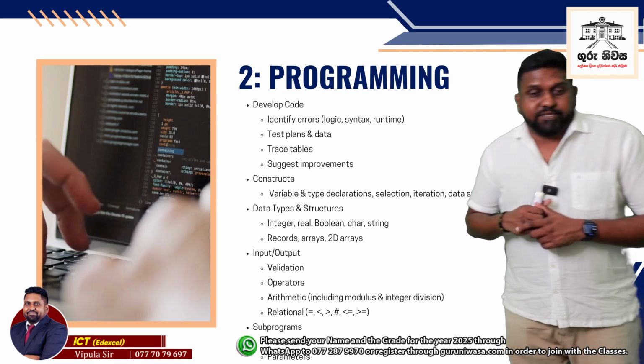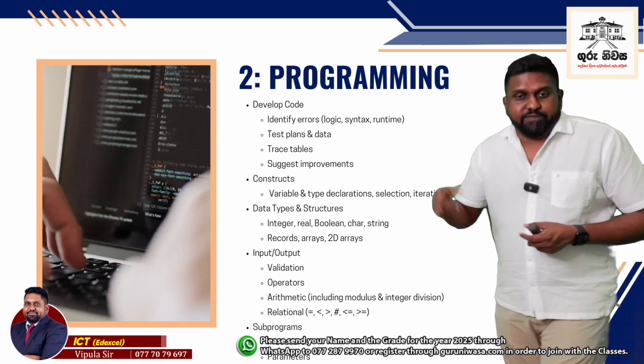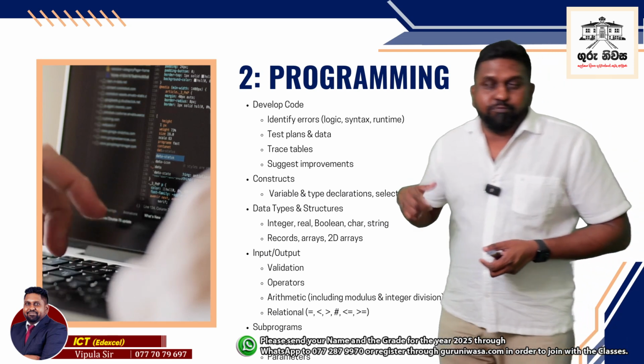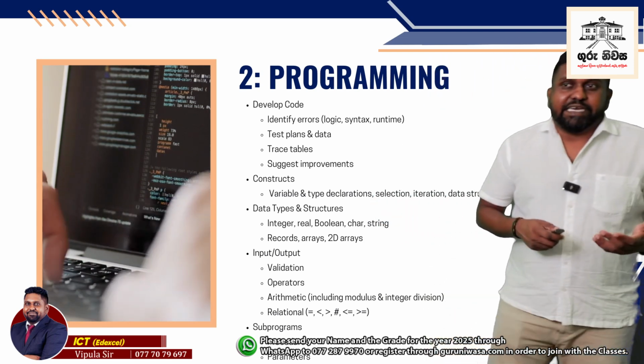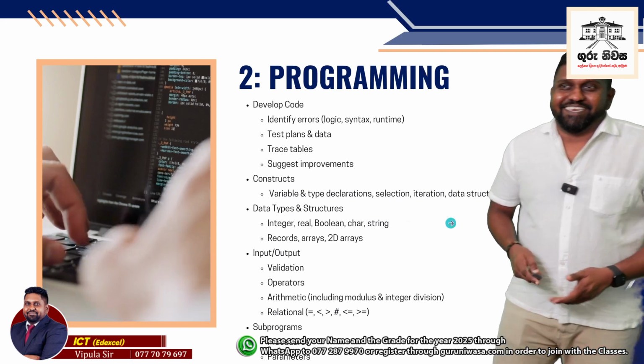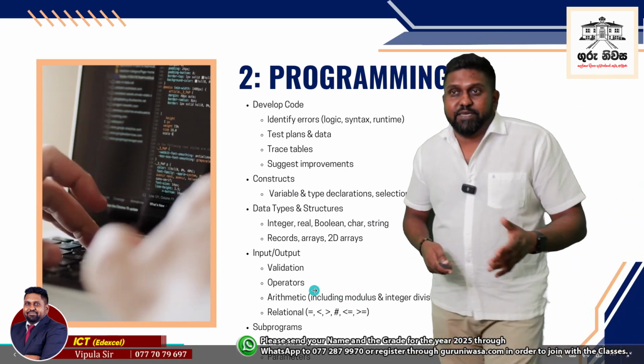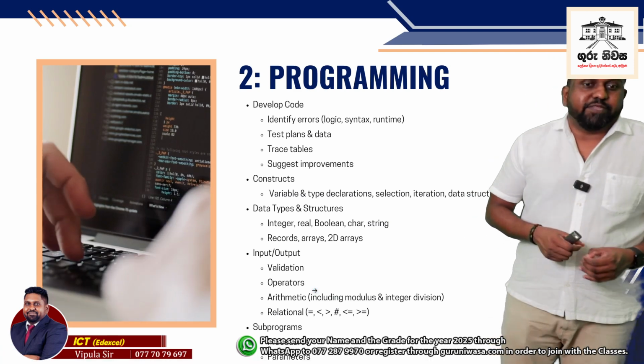Iterations means loops. Whatever processing happens, it will loop through a data set and try to process it, right? So that part is there, and then we will be touching base on data types and structures.